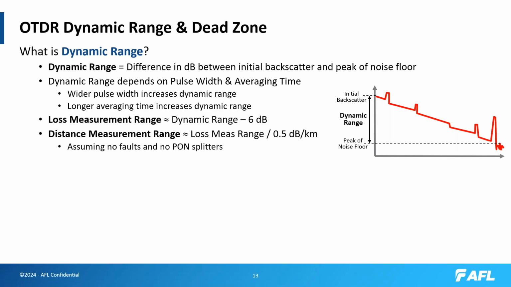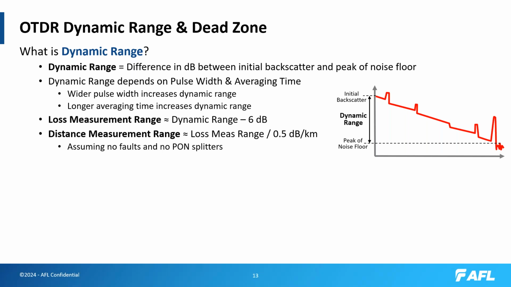So next question is, what's the distance measurement range? This is a harder question to answer because it really depends on the loss through your network. Typical single mode networks are considered acceptable if their loss per distance is no more than 0.5 dB per kilometer. So if I take my loss measurement range and divide that by 0.5 dB per kilometer, that gives me a reasonable estimate of my distance measurement range.